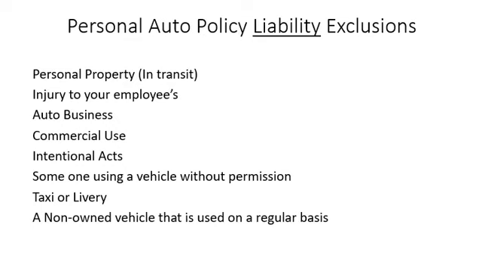Someone using a vehicle without permission is not covered under the liability section of your personal auto policy. Taxi or livery services are not covered. Basically, transporting people for a fee is not going to be covered under your personal auto policy. A non-owned vehicle that is used on a regular basis is not covered.